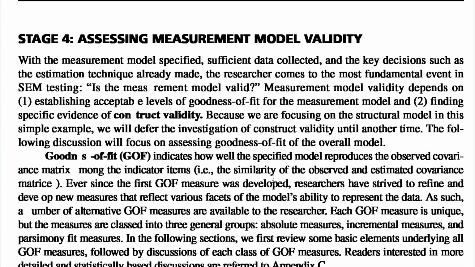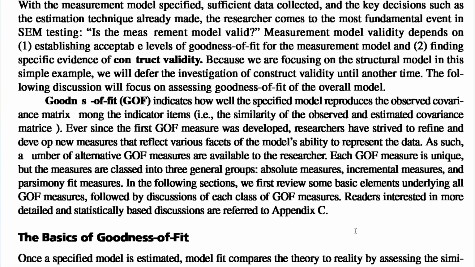Each goodness of fit measure is unique, but the measures are classed into three groups: absolute measures, incremental measures, and parsimony fit measures. In the following section, we first review some basic elements underlying all the goodness of fit measures, followed by a discussion of each class of goodness of fit measure. Readers interested in a more detailed and statistical discussion are referred to Appendix C.